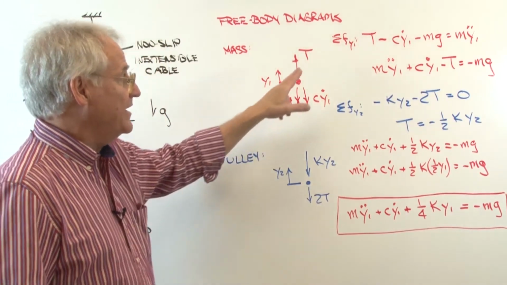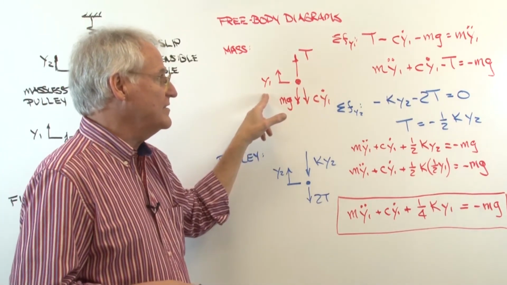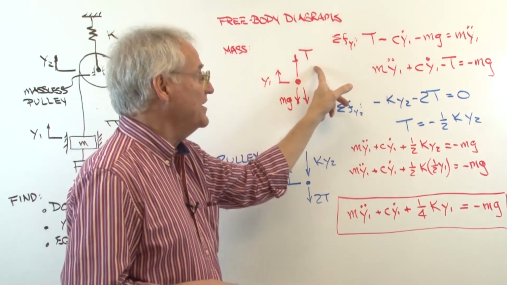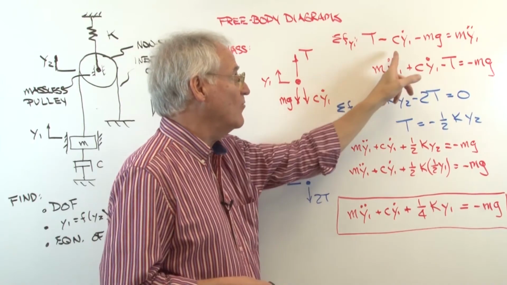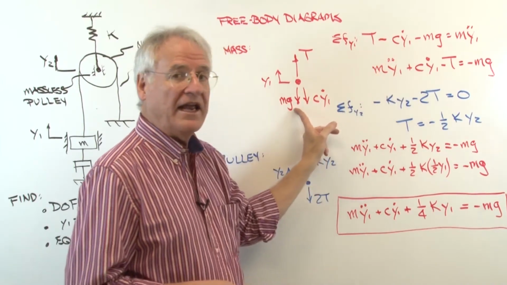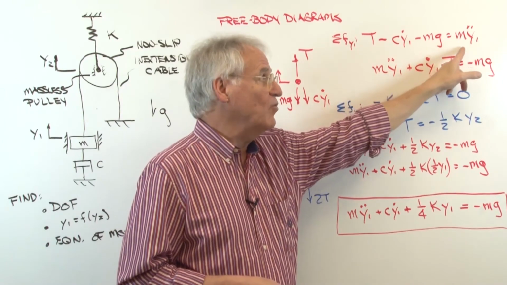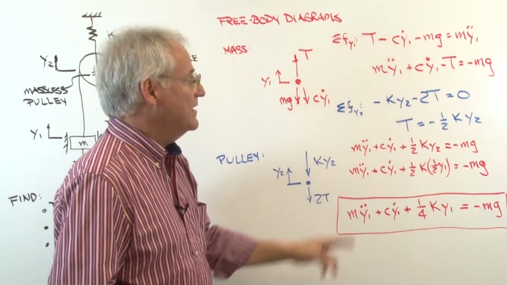So here we sum forces in the Y1 direction. We get T minus C Y1 dot minus mg equals m times Y1 double dot.